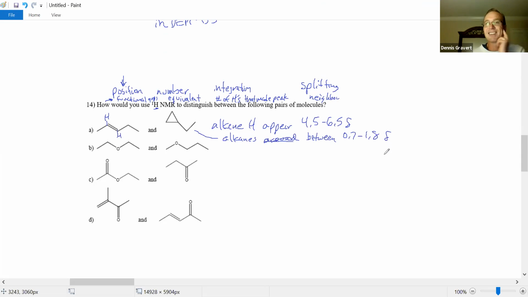That's supposed to be the Greek letter delta, and that's enough to allow you to see the differences there. You could also do splitting, maybe. That's harder. Actually, I don't see much differences there.